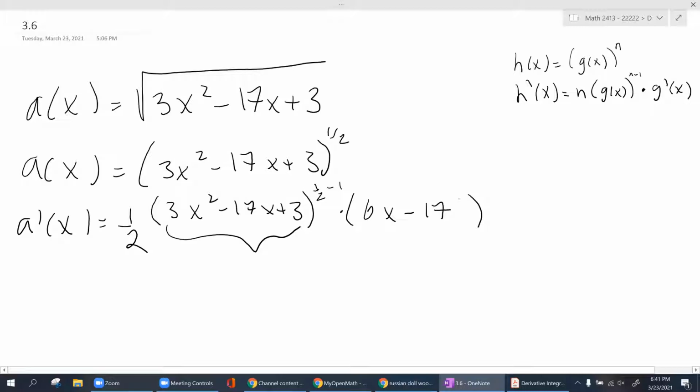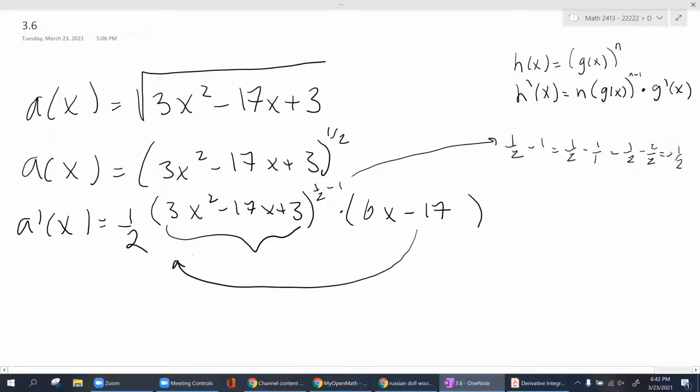We know, focusing on that exponent up here, this is 1 over 2 minus 1, which is just 1 over 2 minus 1 over 1. Finding the LCD, that is 1 over 2 minus 2 over 2, which is negative 1 over 2. So in other words, I'm also going to move this forward, or you may leave it back there if you want.